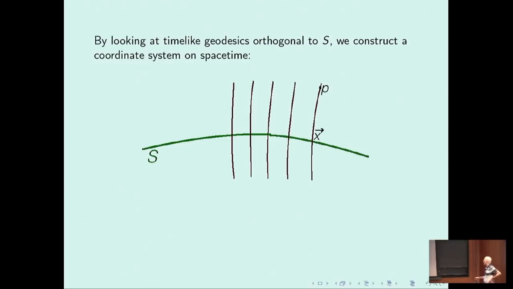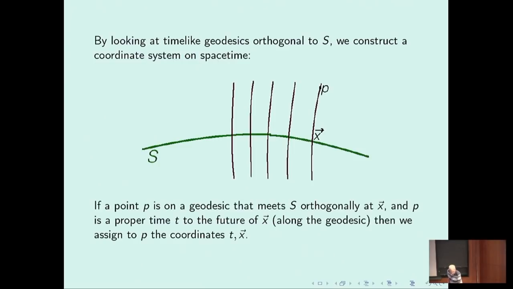At every point on the surface, we find a time-like geodesic that's orthogonal to the surface. There's a unique one. And every point that's close enough to the surface is on a unique orthogonal time-like geodesic, which will be the path that maximizes the proper time from P to S. So if P is close enough to S, there will be a unique time-like geodesic and it will maximize the proper time.